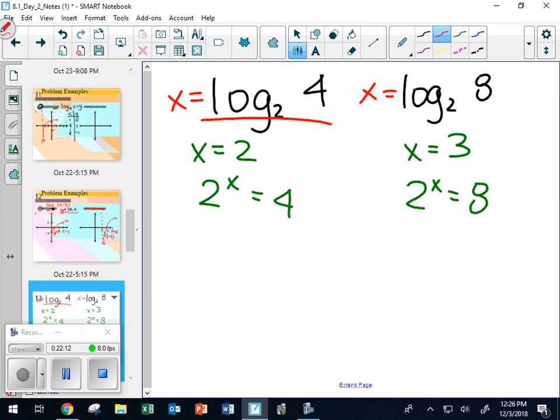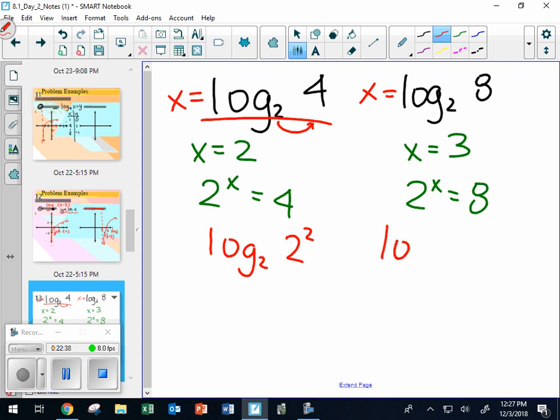Did you notice that this 2 here and this 4 here, 2 is a factor of 4? So if I wrote this as log base 2, and I said, okay, I know that 2 can go into 4, so I wrote this as a 2. 2 to what power will get me to 4? Just 2.